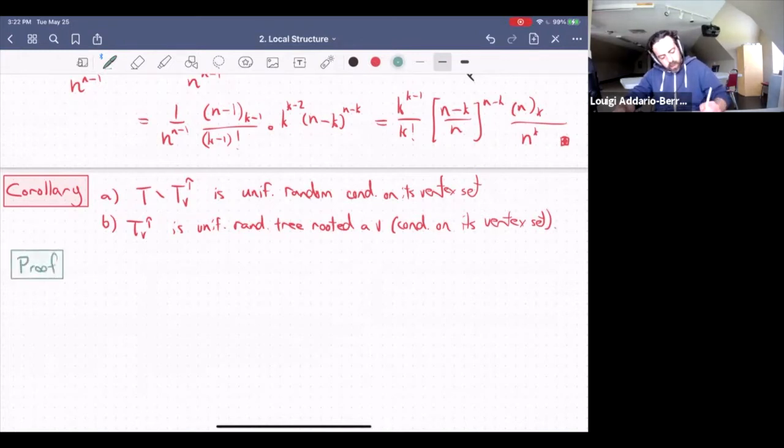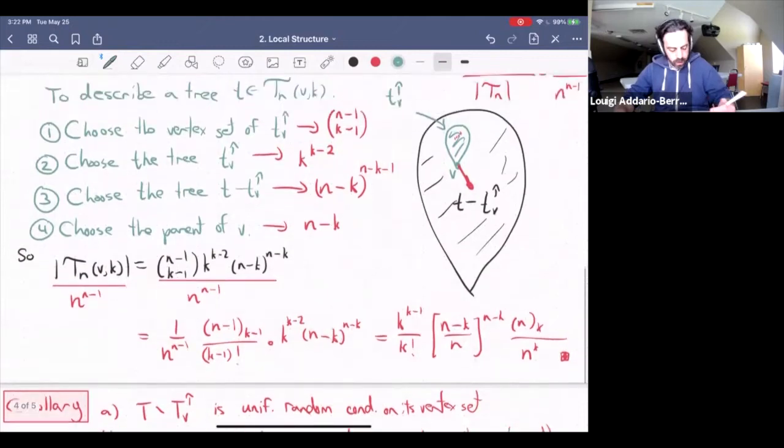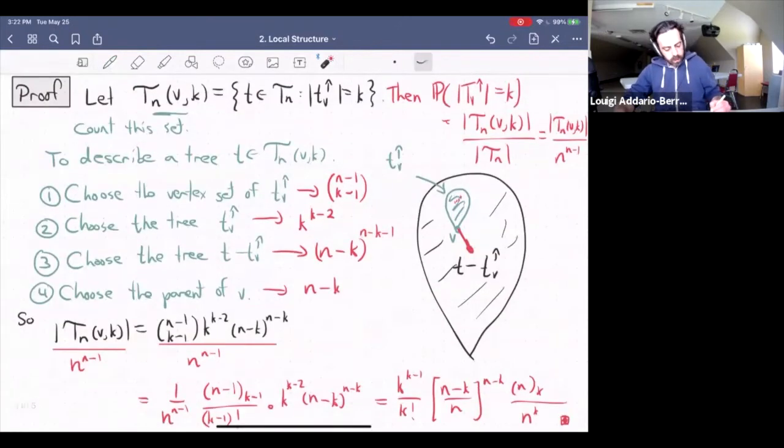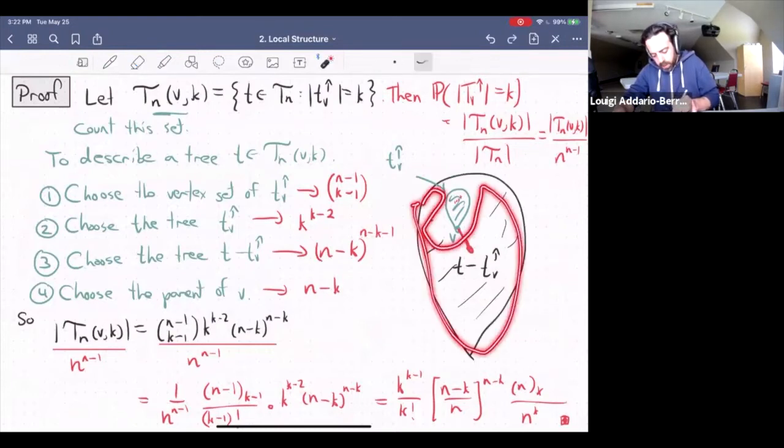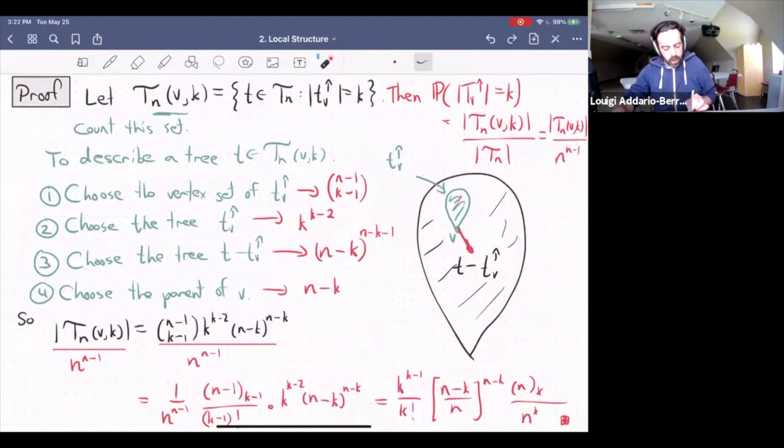The proof of this, to see that this is true, what you really want to do is think about this: if we're interested in saying that this brown tree here is uniformly random once I tell you its vertex set, you just say, well, if I insist on seeing a particular tree out here, what does that do to the number of possibilities?